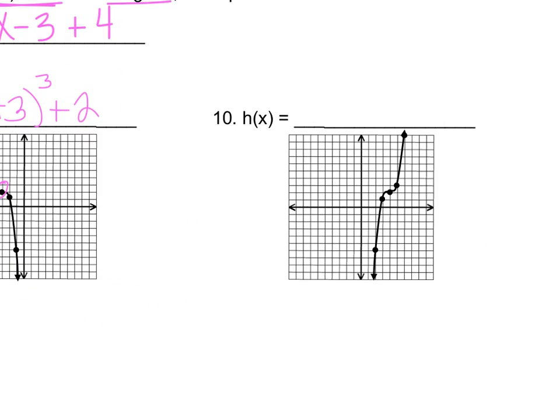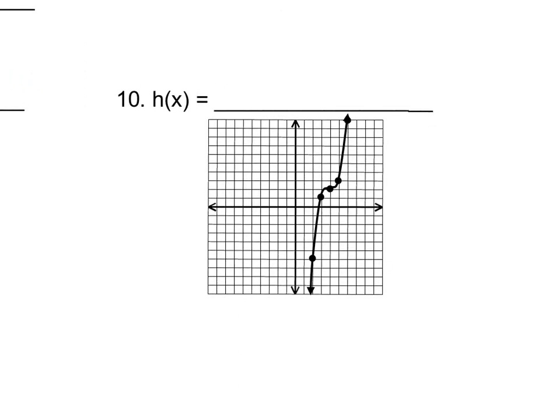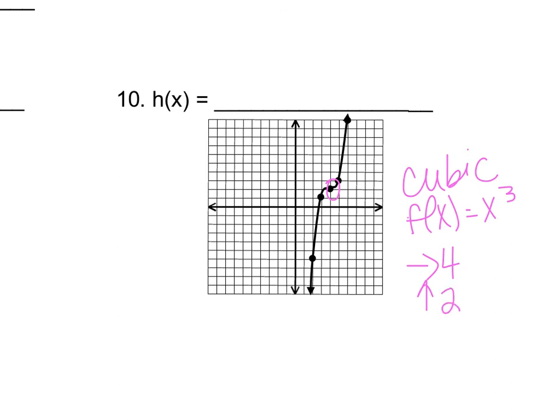Okay, last one. If you want to try this one on your own before you check your answer, just pause it and you can do that. Notice this is also a cubic. Look at that middle point. We went right 4, up 2.